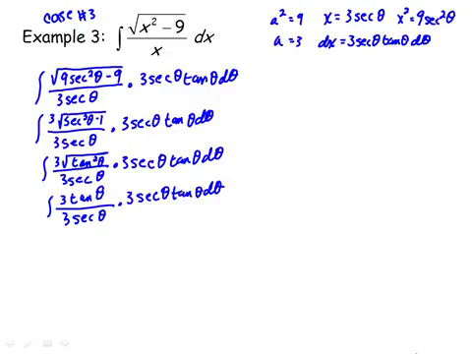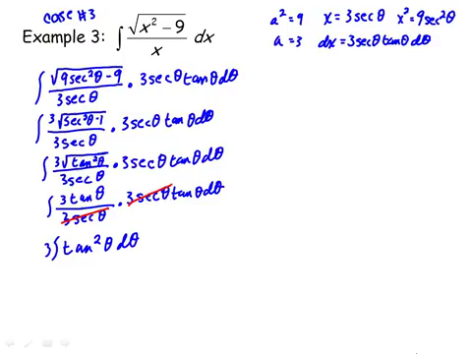Okay. Now, clean things up. The 3 secant thetas will cancel out. And what you have is the integral of 3, which you can pull the 3 out, tangent squared theta d theta. Alright, so that's the cleanup.